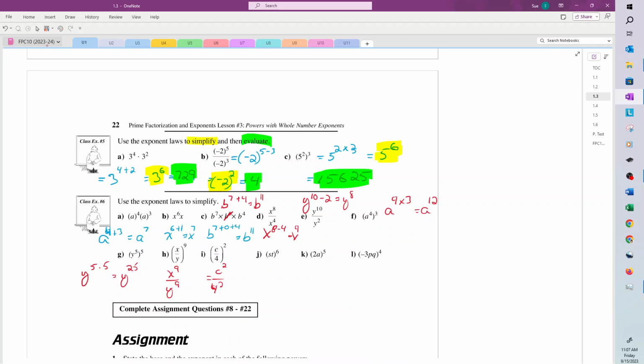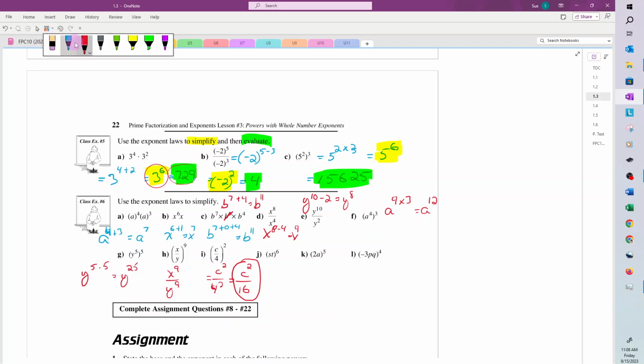Better instructions would be to use the exponent laws to write as a single exponent. That would be this, and then evaluate, which would be this. When you're asked to simplify something like this with variables in it, you are expected to multiply out any numbers that you have, so that this would be c squared over 16. That is the answer that I would be looking for.